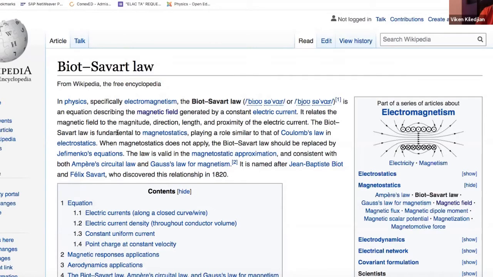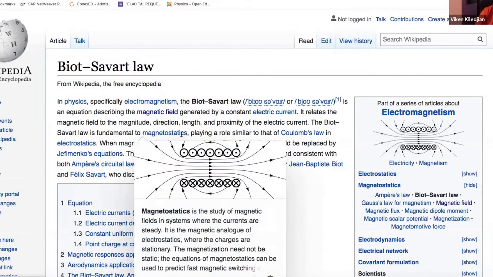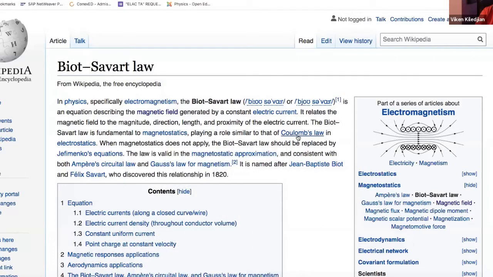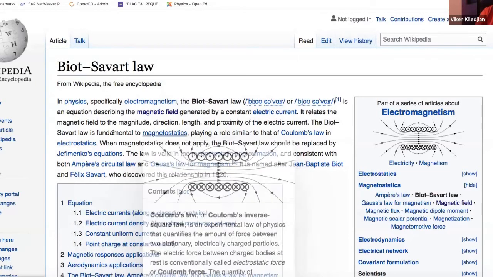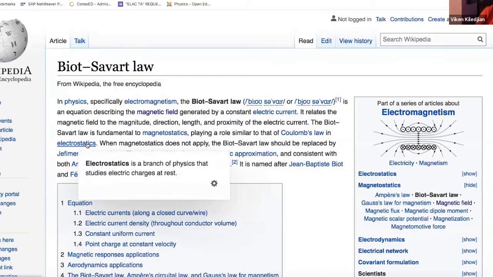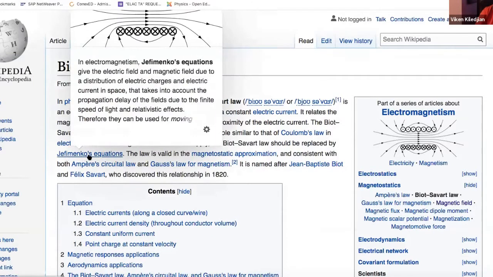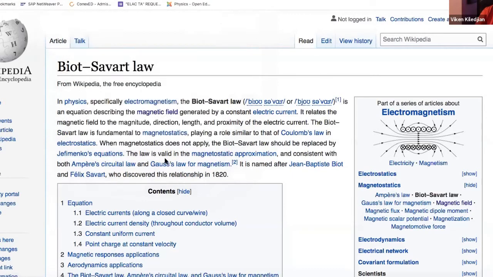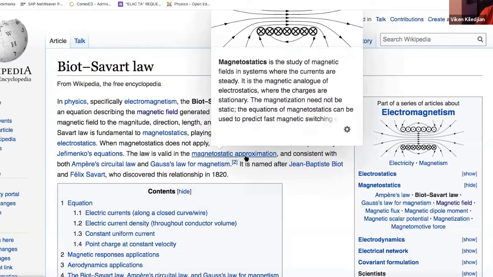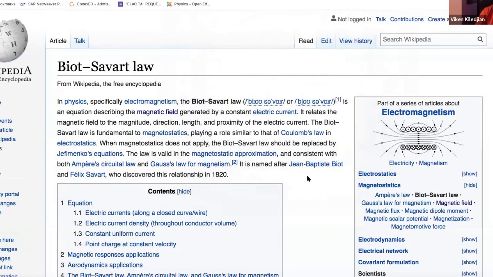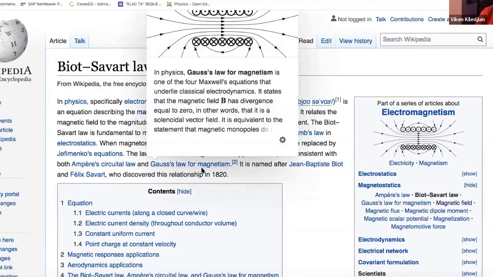The Biot Savart law is fundamental to magnetostatics, playing a role similar to that of Coulomb's law in electrostatics. When magnetostatics does not apply, the Biot Savart law should be replaced by Jefimenko's equations. The law is valid in the magnetostatic approximation and consistent with both Ampere's circuital law and Gauss's law for magnetism.